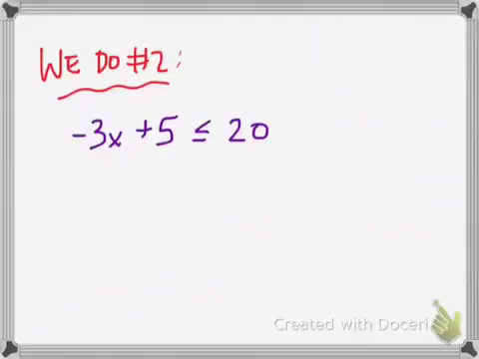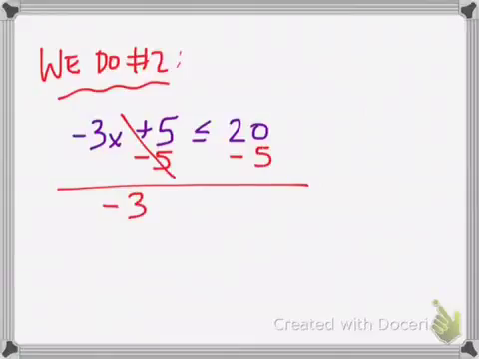Negative 3x plus 5 is less than or equal to 20. And so see here I have a negative coefficient. So let's subtract 5 from both sides. I get negative 3x is less than or equal to 20 minus 5, I know is 15. So remember to bring down your coefficient. If it's negative, it has to stay negative.